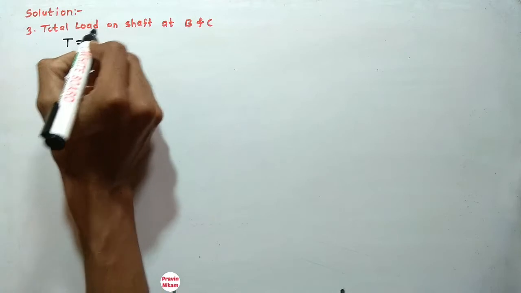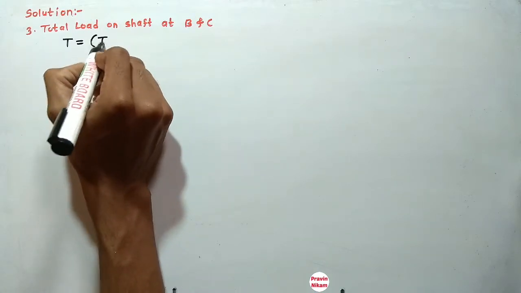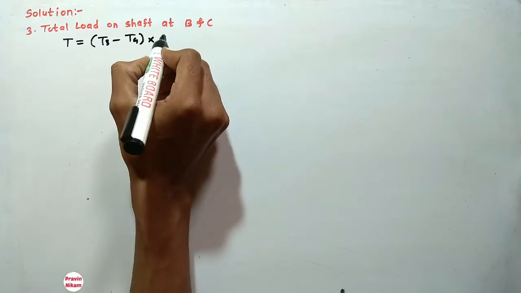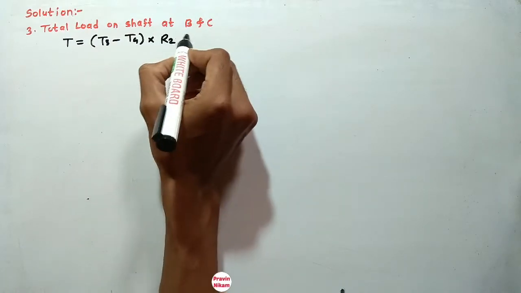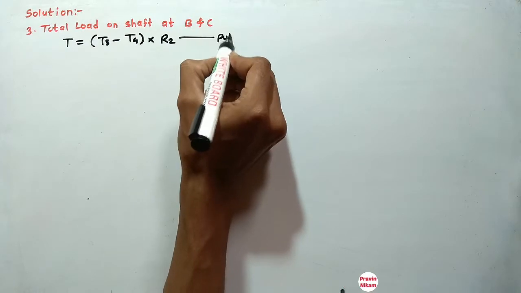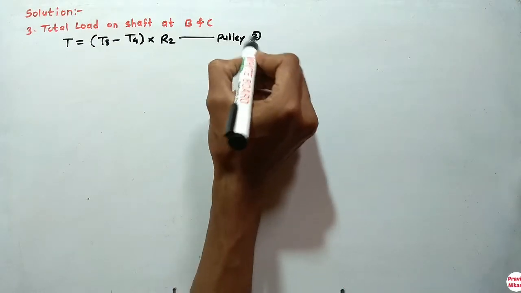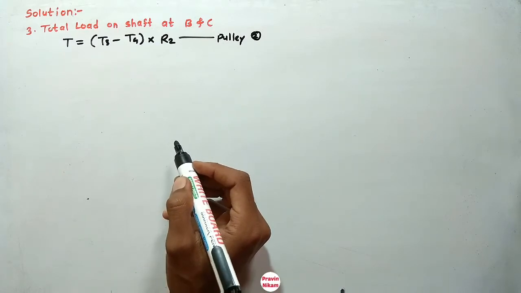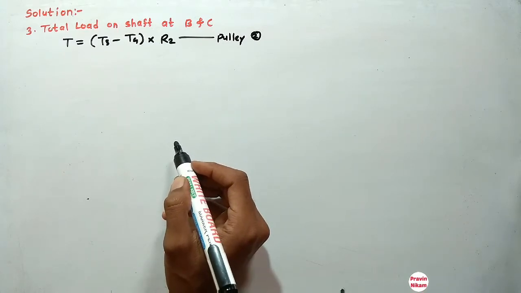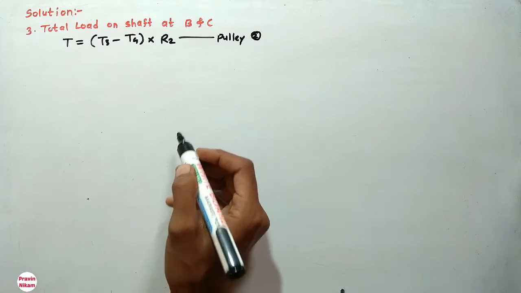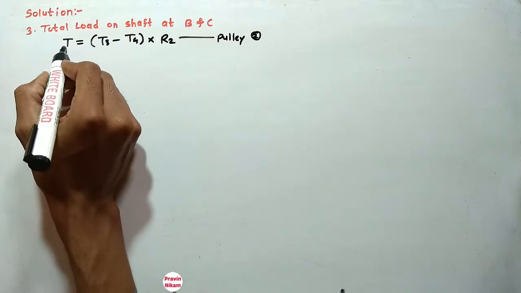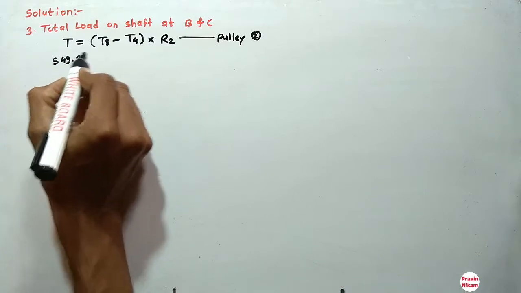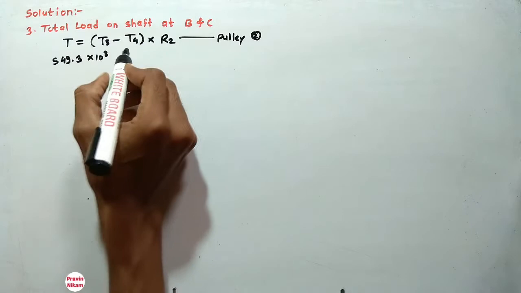We know that torque in a belt drive T is equal to T3 minus T4 into R for pulley 2. So T is equal to T3 minus T4 into R2. So we know that torque is 549.3 into 10 raised to 3.